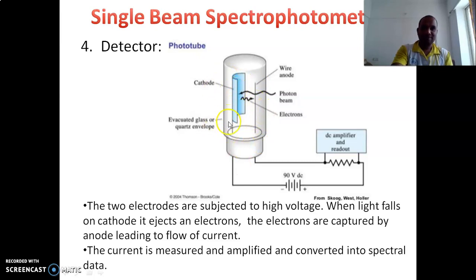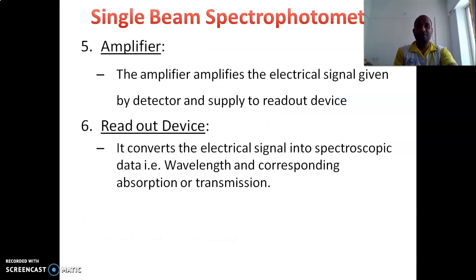That electrical signal is first amplified and then converted into spectral data. The amplifier is used to amplify the electrical signal, while the readout device converts that electrical signal into spectrophotometric or spectroscopic data. The spectroscopic data will be the wavelength and either the absorption or transmission. Those are the components of the single beam spectrophotometer.